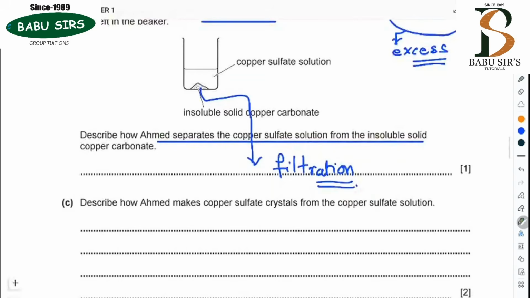Second is describe how Ahmed makes copper sulfate crystals. Now copper sulfate is in the solution. Now he has to make crystals. So what will he do? He will evaporate the water.